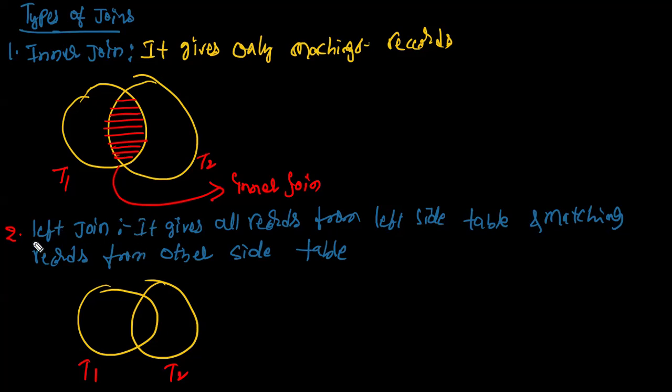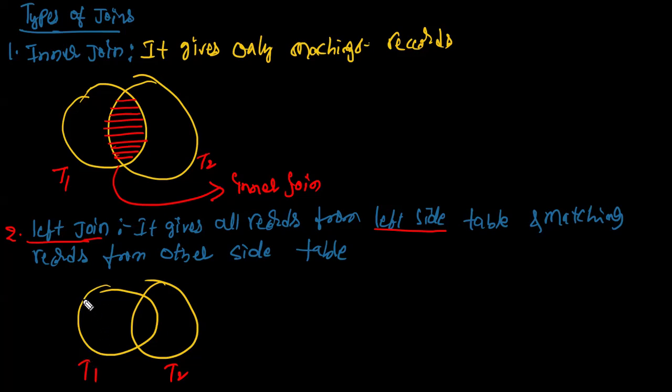Now I'm saying left join means, in all the joins you're going to have matching records. That means inner join records you're going to have. So in that way also you can remember, it gives all records from the left side table. Left side table means this one, table 1.